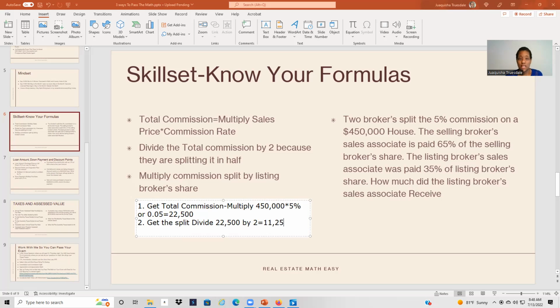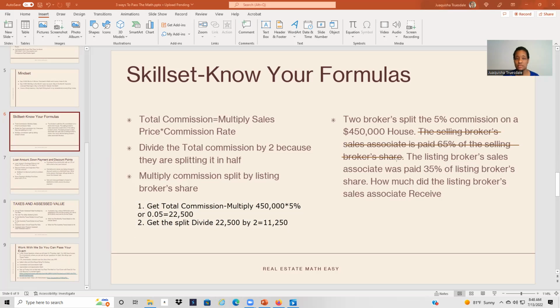11,250. Now in this problem, it's asking how much did the listing broker sales associate receive. So what you'll do here is you'll cross out the selling broker's sales associate is paid 65% of the selling broker's share. They're only asking for the listing broker share of the commission.